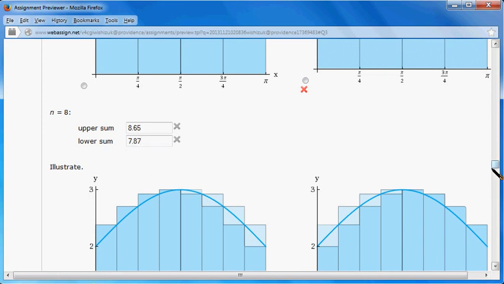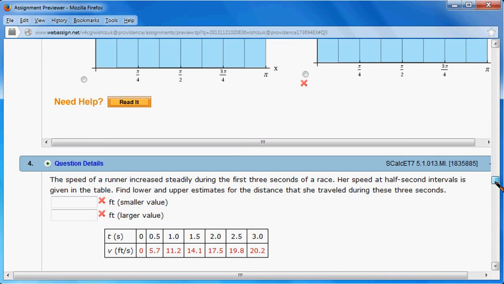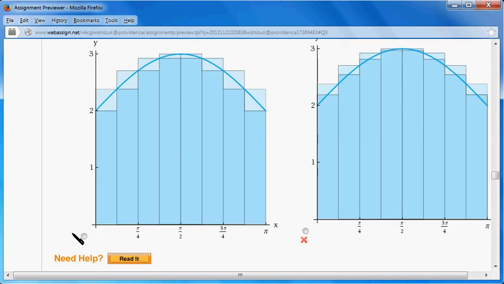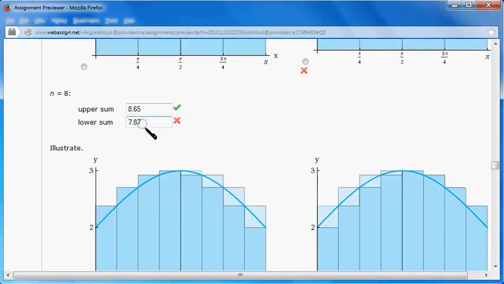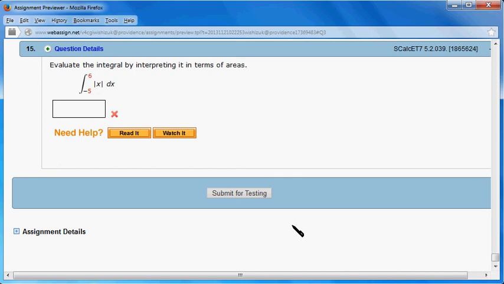Then this is the right picture, so let's check the answer. Oops, I meant 7.86. Let's check this again.